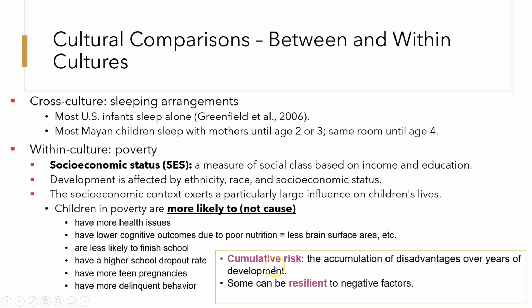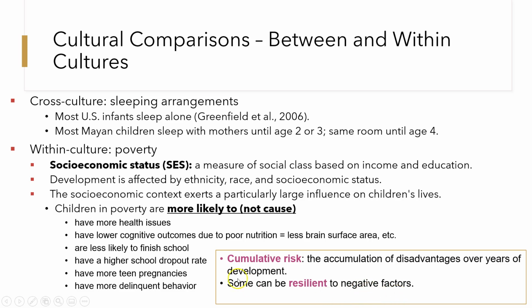And they can be many different things. And we also study, so we do study risk, but there's a large group of newer research studying resilience. What is it that makes a child resilient or able to successfully overcome a lot of negative factors in their development?